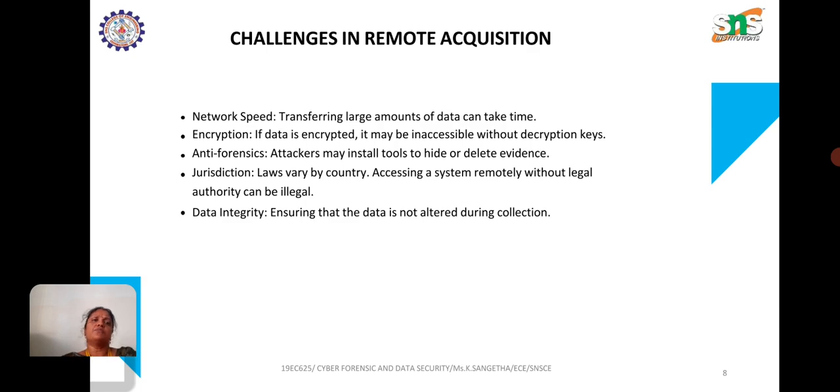There are some challenges in remote acquisition. Network speed is one of the major challenges for transferring large amounts of files remotely. Then encryption: if the data is encrypted, it may be inaccessible without decryption keys.